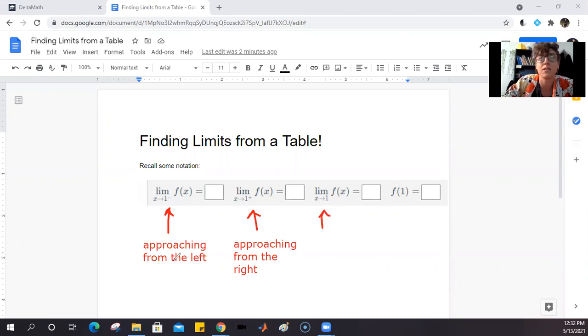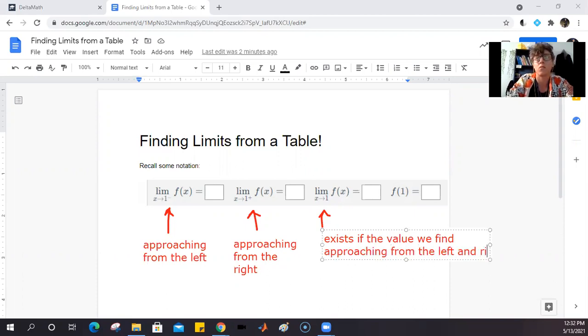This only exists if the value approaching from the left and from the right are the exact same value.